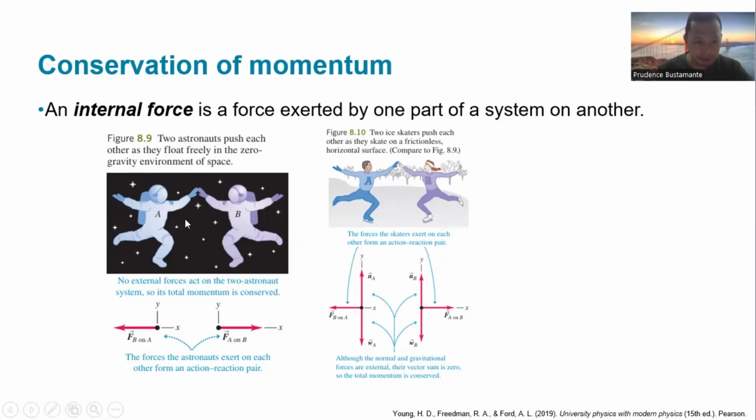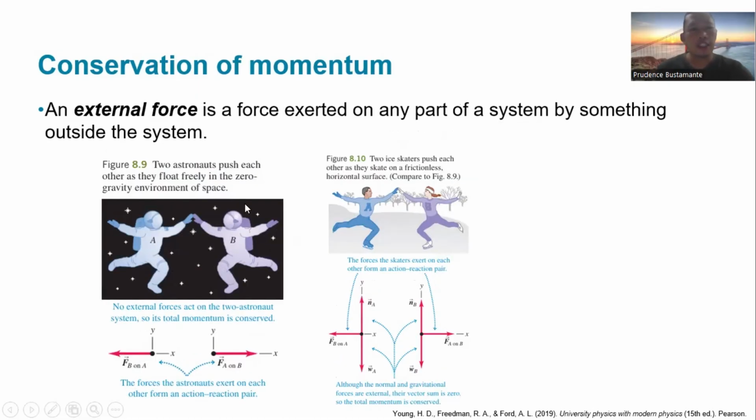These forces, we call the internal forces, like the force exerted by astronaut A on B and the force that astronaut B exerts on A. Those forces are called internal forces.